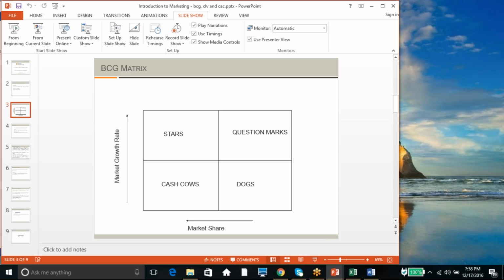No, I am asking low or high. Which quadrants come in low market growth rate and which quadrants come in high market growth rate?